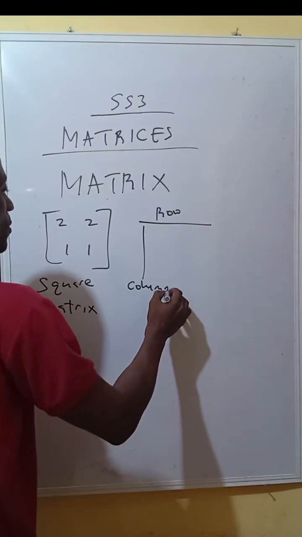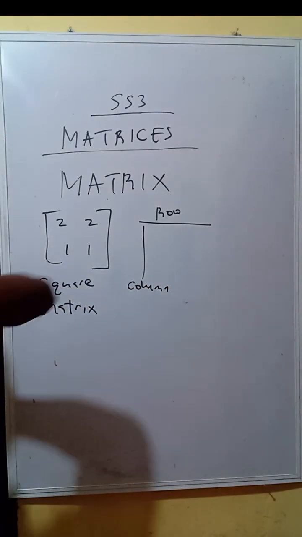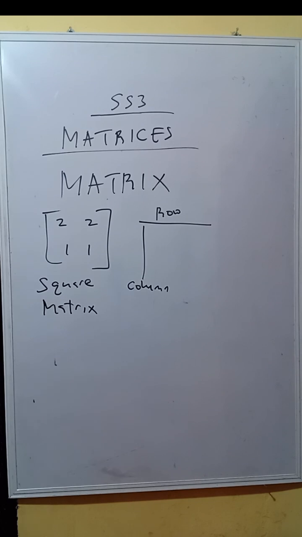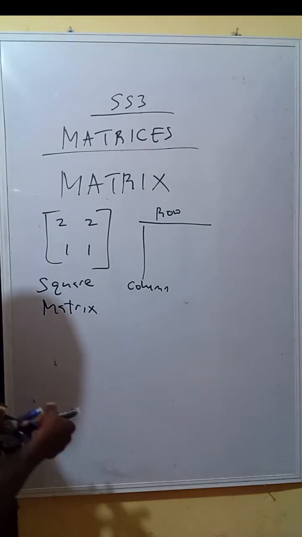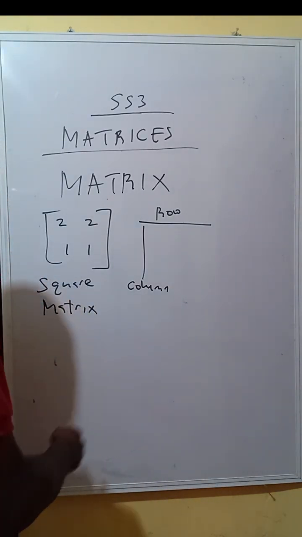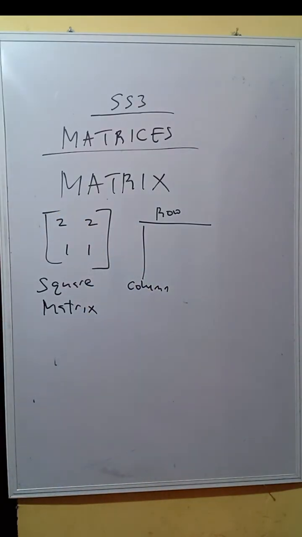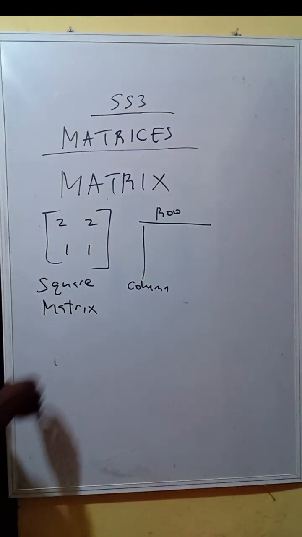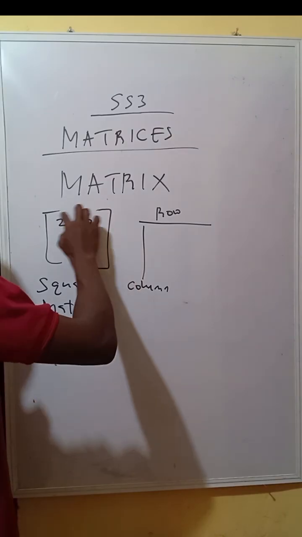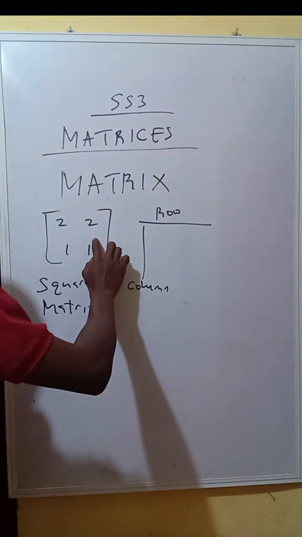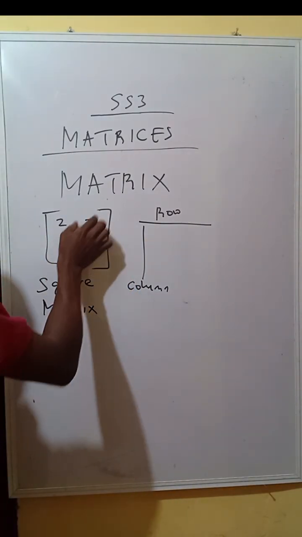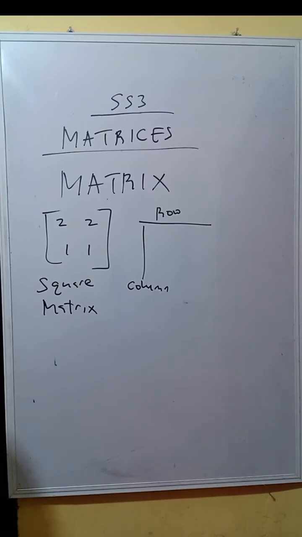Very, very important. Row moving sideways, column moving up or downwards. So this is a row, this is a what? Column. So a square matrix has how many rows here? 1, 2. 2 rows, then 2 what? Columns. That's why it's a square matrix.